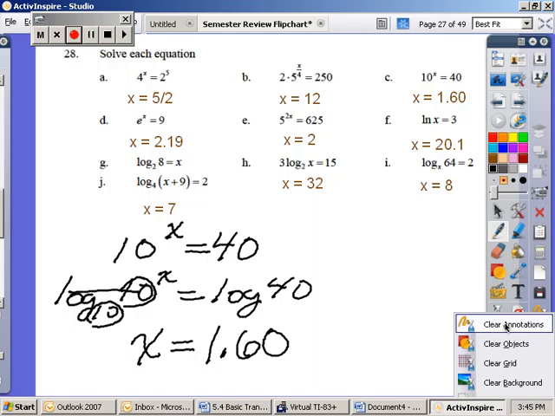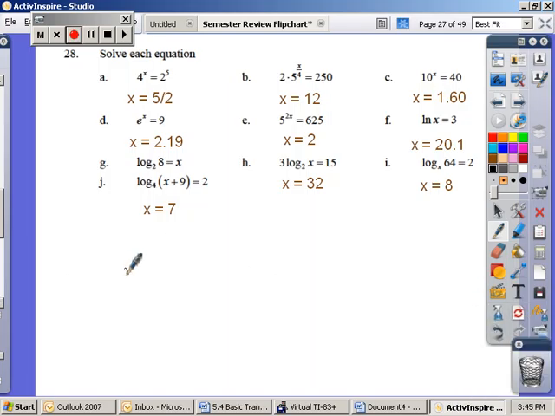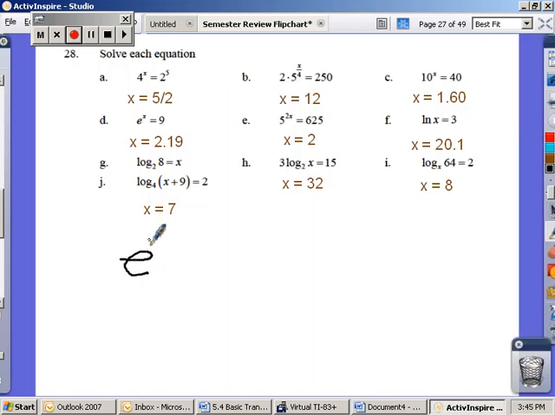Letter D. e to the x equals 9. Can the base e ever be written in terms of 9? No. It can never be written in terms of 9. So I cannot use the word log with base e. I use the words natural log.